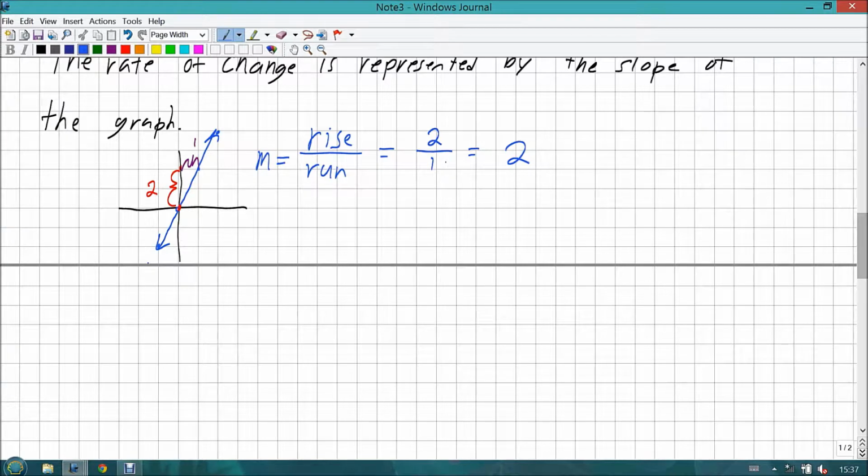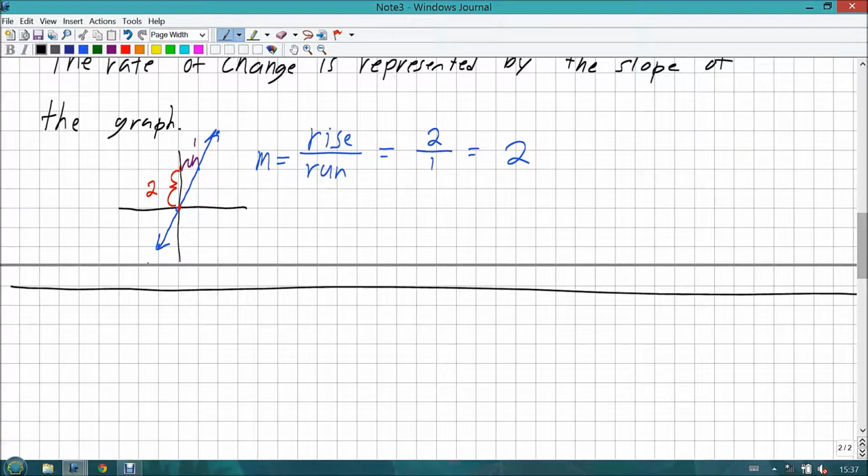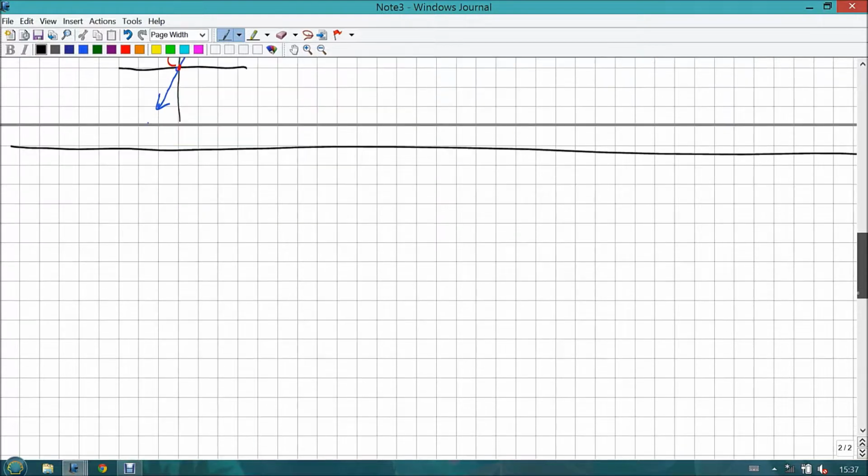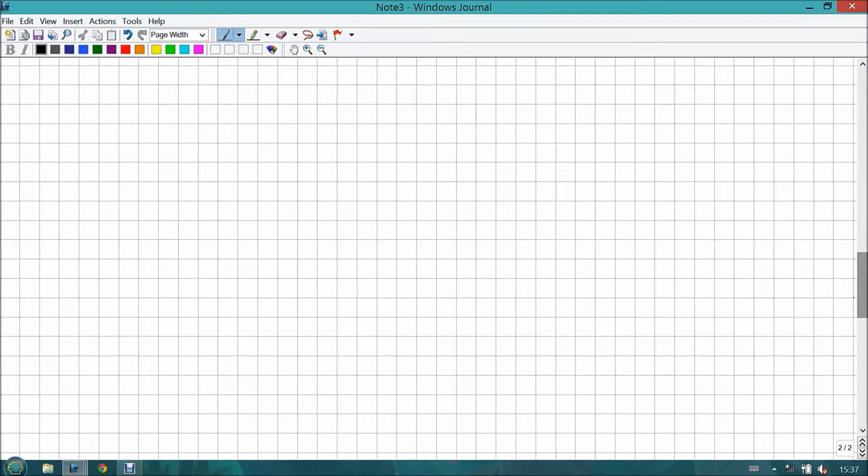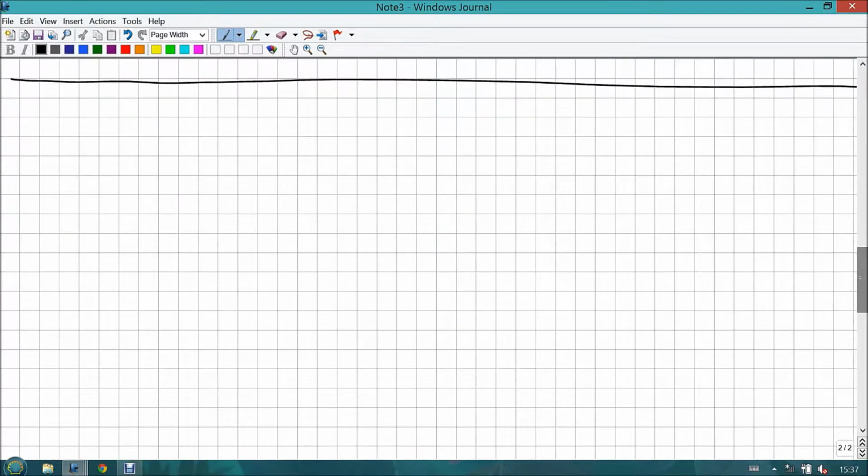So let's look at some particular examples for this one. Let's say that we are supposed to look at the rate of change of a graph, and our graph is given in this kind of a context. We have our axes, and then we were given our graph.